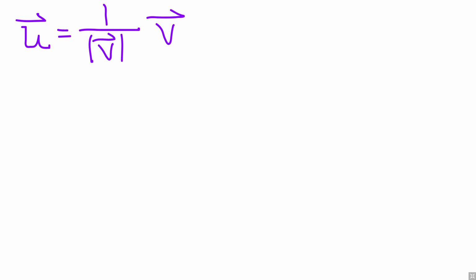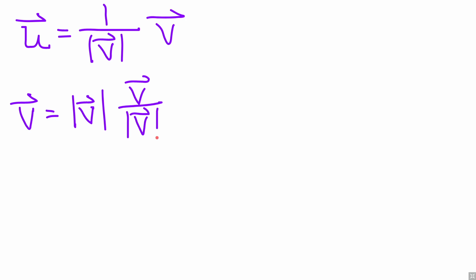Okay. Now, the next thing we talk about is dealing with a vector made of the length and direction. So we can say that a vector v, if we want to write it in terms of length and direction, the length, which would be the magnitude, the direction is actually the unit vector. So we take the magnitude times the unit vector.